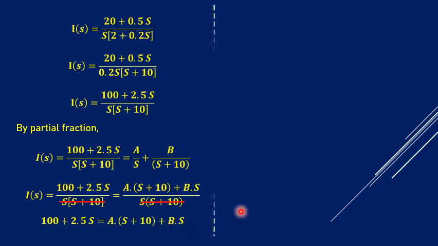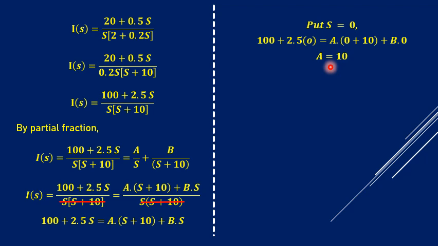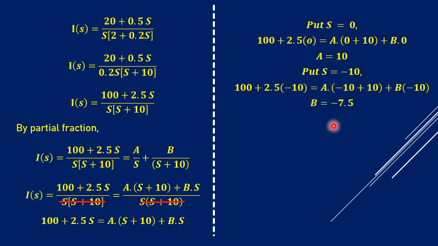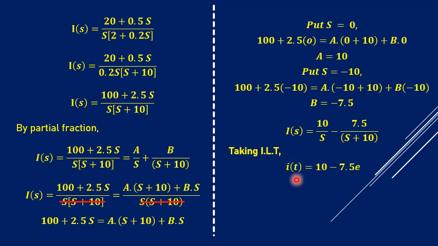After finding the coefficients A and B: for finding A, put s equal to 0 here, so you will get A equal to 10. For finding B, put s equal to minus 10, and B is found to be minus 7.5. Substitute A and B values in this expression. Now it is easy to take the inverse Laplace.